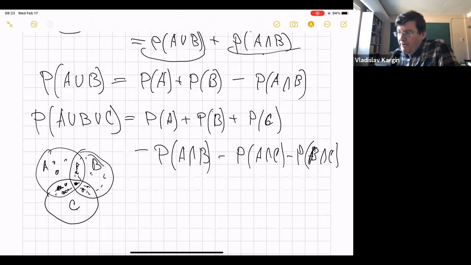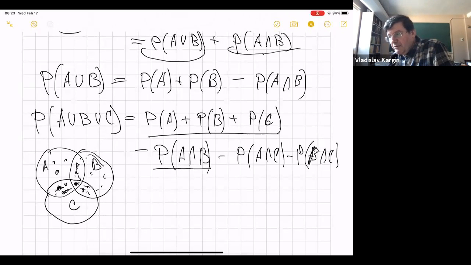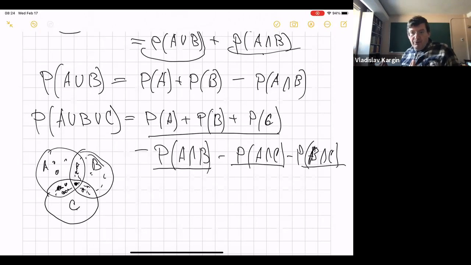When I did the original sum, I counted them 3 times. Every outcome in the intersection of A, B, and C, I counted 3 times. When I removed, say, the probability of A and B, I removed it once. Then I removed it twice, and then 3 times. So I removed all 3 times which I counted them.